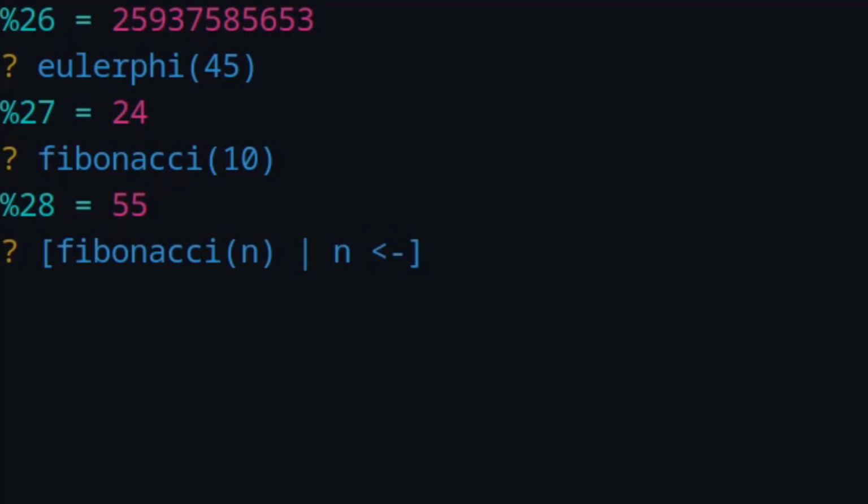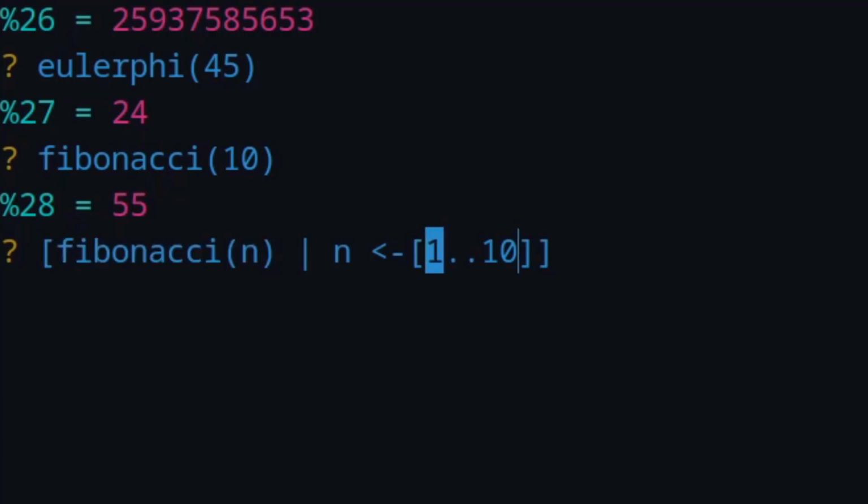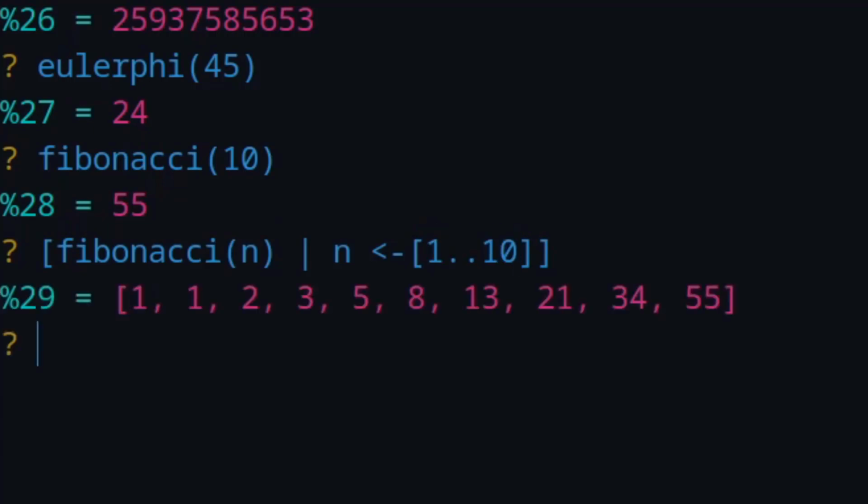This is the less than sign and then a hyphen, from the list from 1 to 10. So what that means is I want the list of the Fibonacci numbers of n, where n ranges from 1 through 10. That's going to give me the list of the first 10 Fibonacci numbers, 1, 1, 2, 3, 5, 8, and so on.